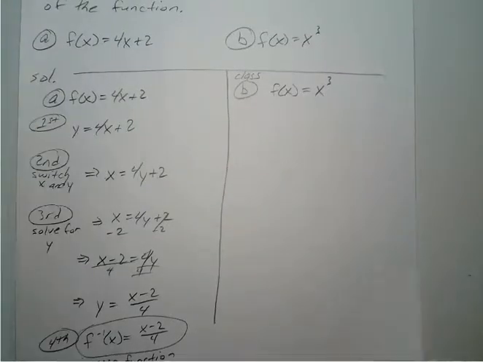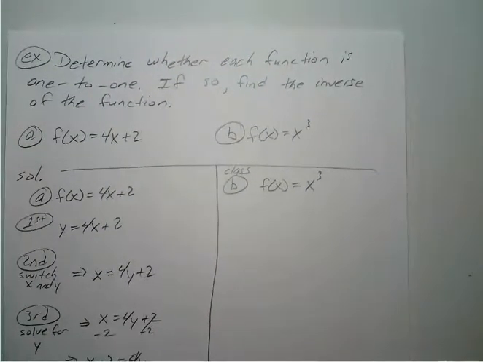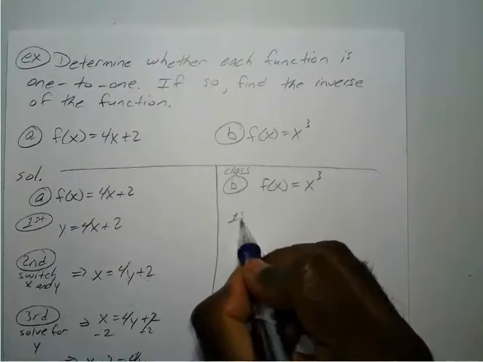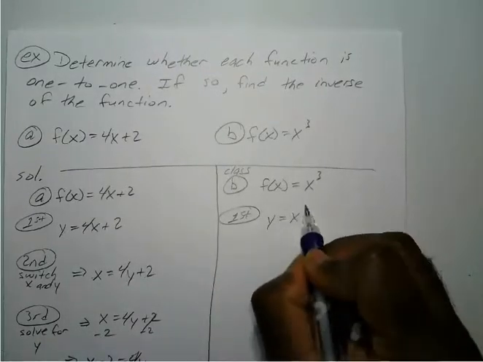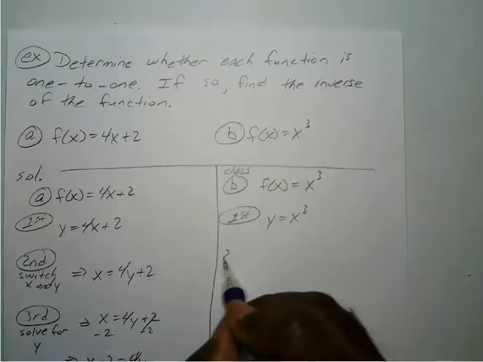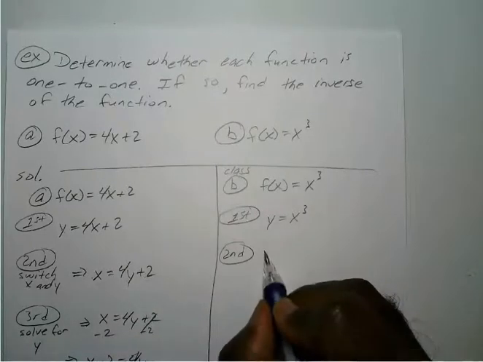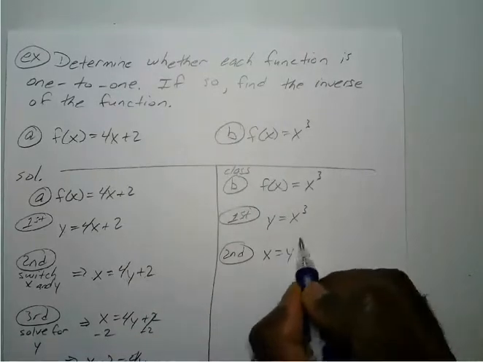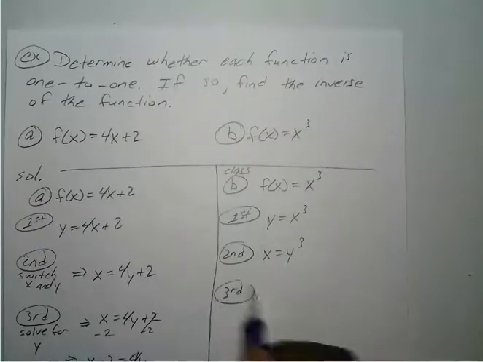All right, so assuming you have already pressed pause and worked that one out, we're going to verify your answer. Remember, first, you have y equals x to the third power. Then your second step, where you switch your x and y's. That gives you x equals y to the third power. The third step, where you solve for y.